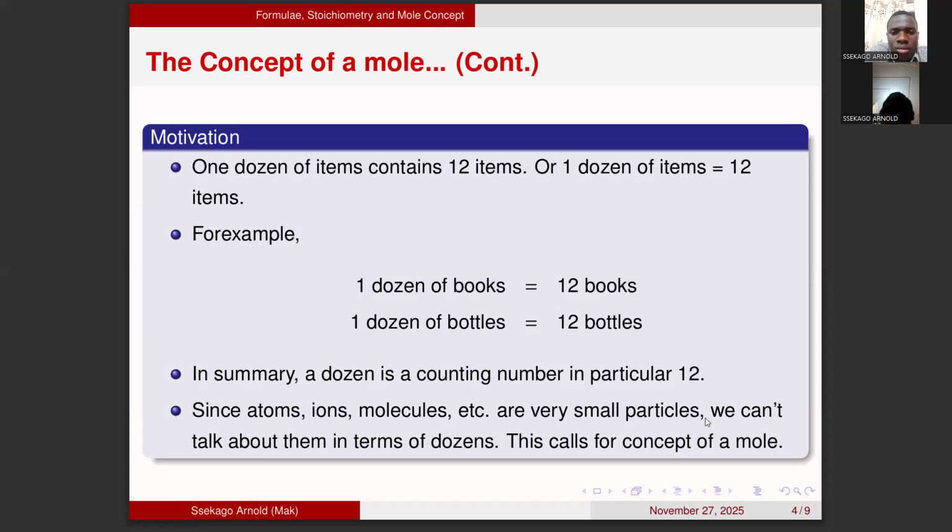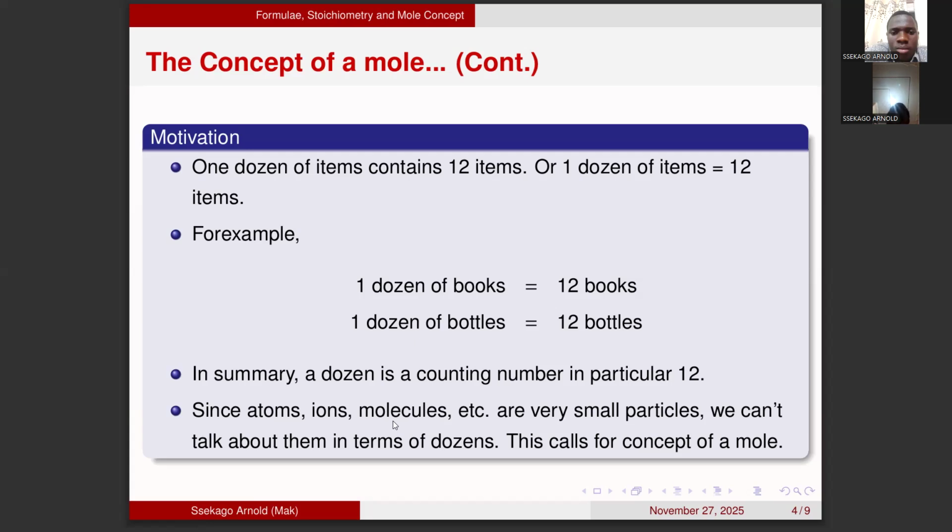Since these are very small things, we cannot talk about them in terms of dozens. Understood? We cannot talk about atoms, ions, and molecules in terms of things that are countable. These are very small things that are difficult to count. So we cannot say that 1 dozen of atoms equals 12 atoms.